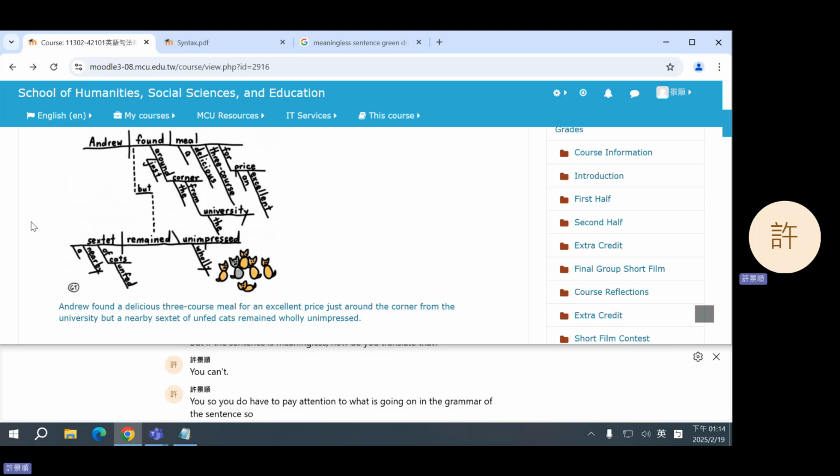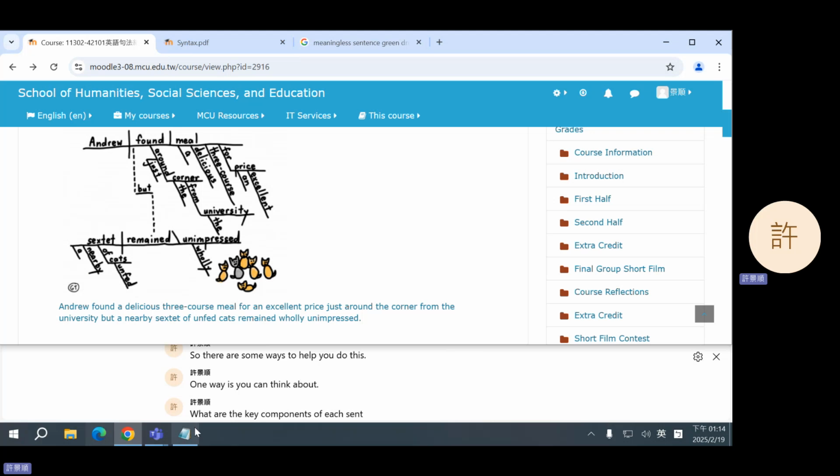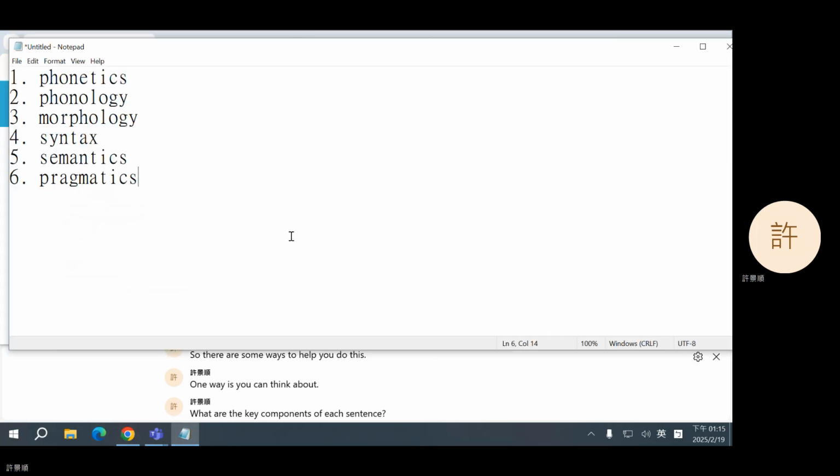So there are some ways to help you do this. One way is you can think about what are the key components of each sentence. Every English sentence looks like this.